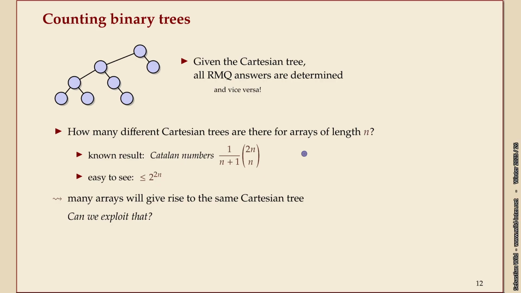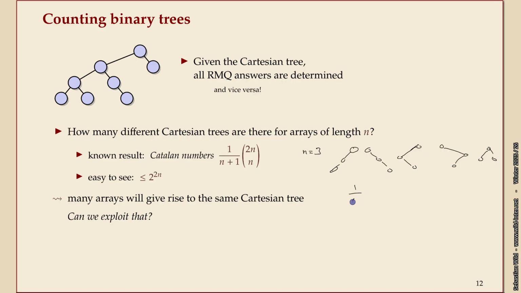For example, if you set n to 3, then there's 5 options. There's this tree, there's a lopsided one, the symmetric one, and the balanced one. And hopefully if you insert 3, this works out.